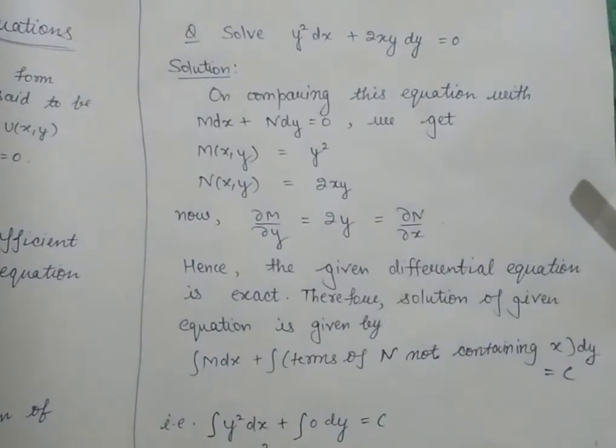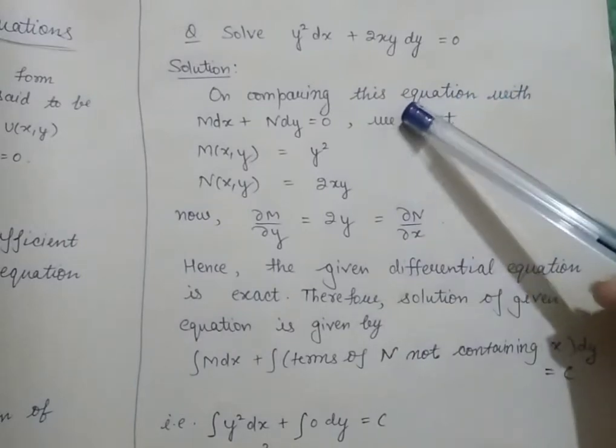Now we see whether the equation is exact or not. If this equation is exact, then we will find its solution by that method. If it is not exact, then we can use the homogeneous method or the variable separable method if they are applicable.